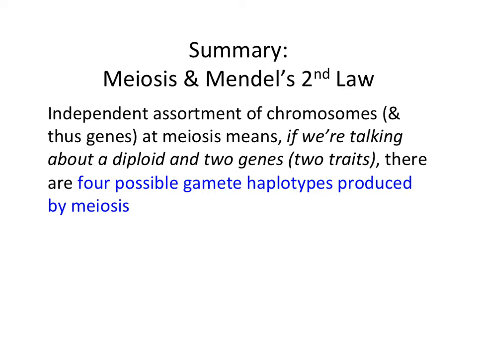So that's the summary. If you're looking at 2 different genes, and independent assortment is happening, you make 4 possible different gametes. How does this impact Punnett squares? Each gamete has a 25% chance.